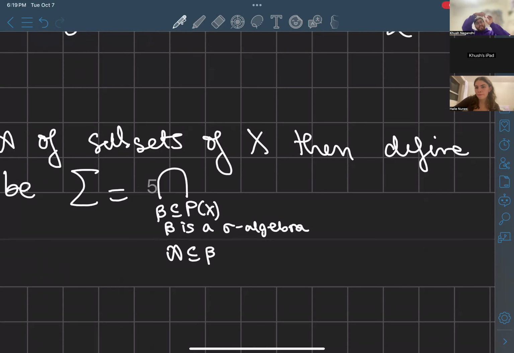So beta contains A, beta is a sigma algebra. And then we intersect all of these.